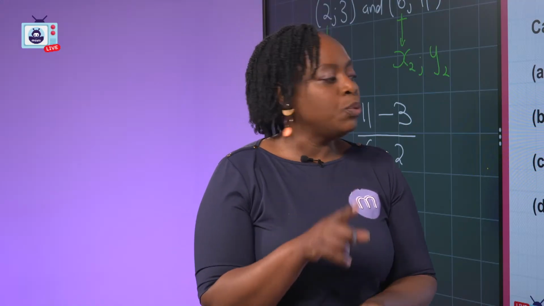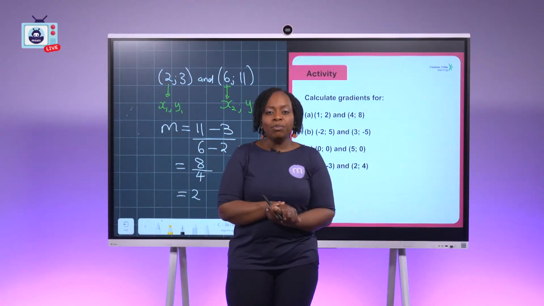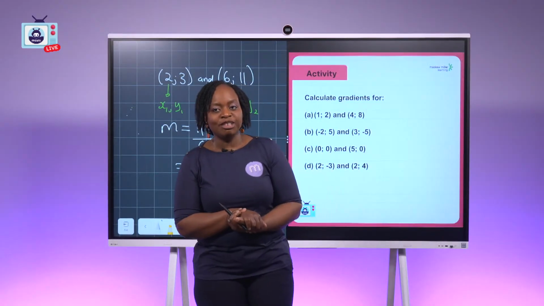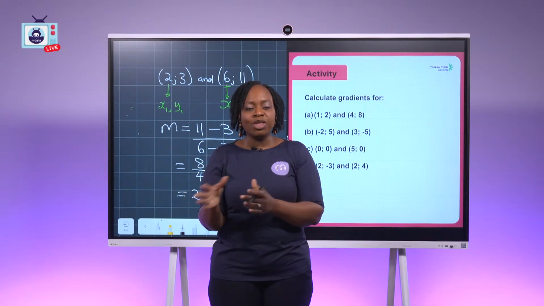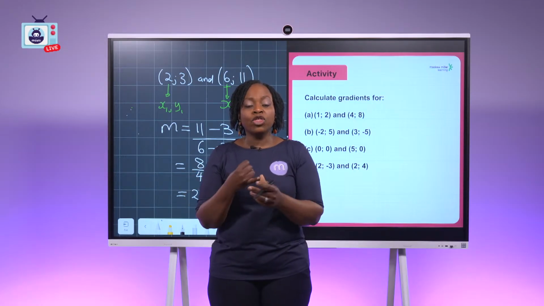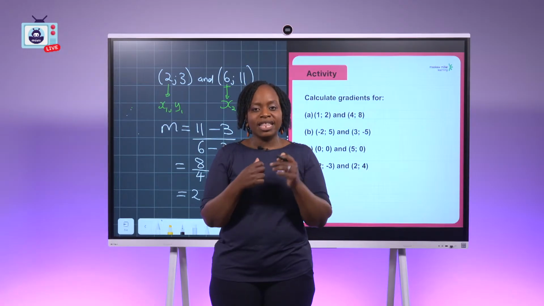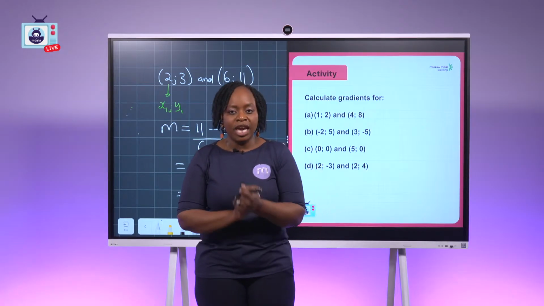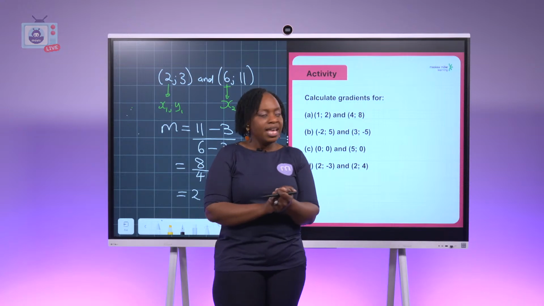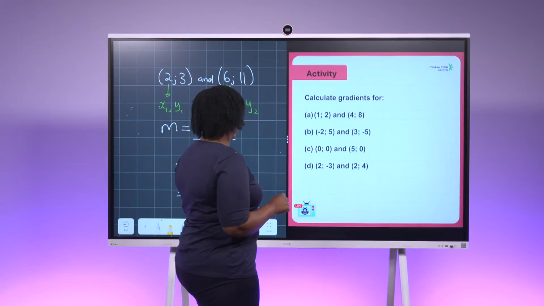As you are trying to calculate those, I want you to put your answer, just the answer, into the chat so that we can be able to work on it together. So I'm going to give you a few minutes to look into that and use the same method that we have just used with your gradient formula equation, as well as the points that are given to you for you to be able to calculate the gradient. I'm very sure that you can be able to grasp that.